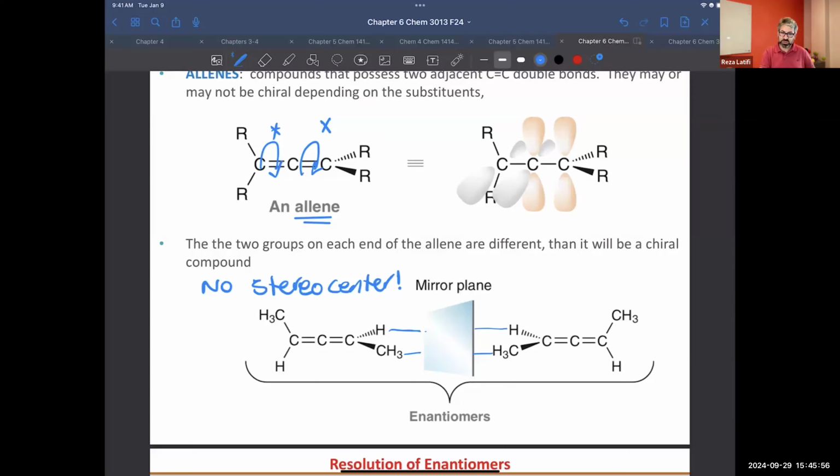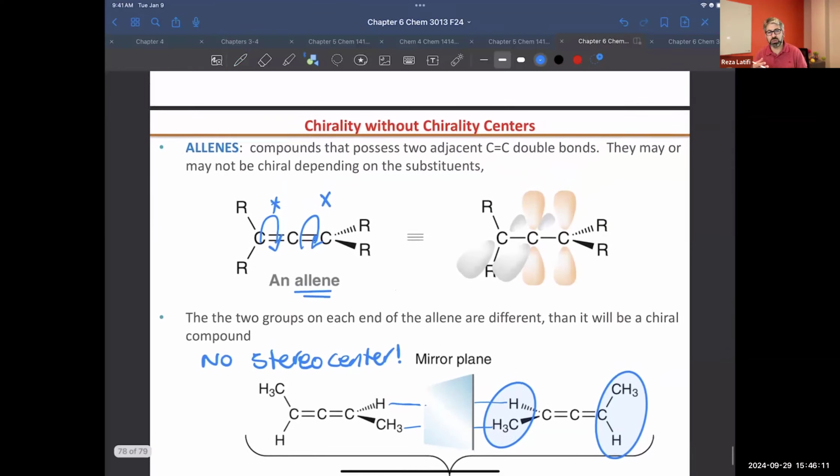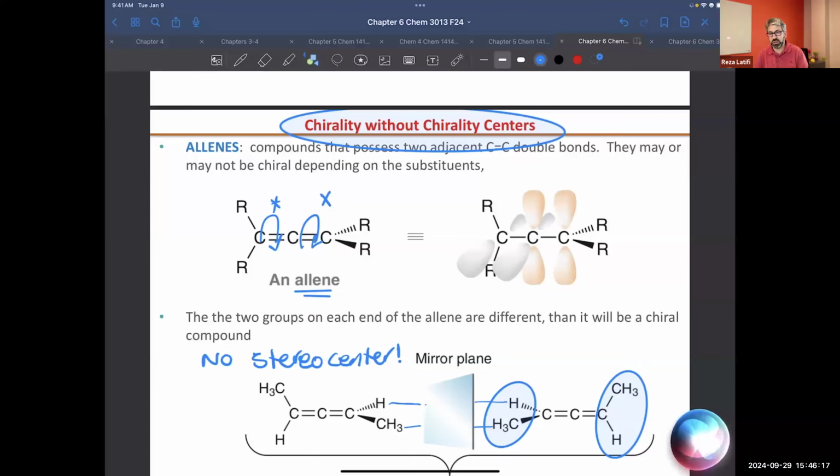Even though we don't have a stereocenter, the molecule will still be chiral. Why chiral? Because I can see different substituents on each carbon. So these two molecules don't have stereocenters, but still we have chirality because the system got locked in a specific position.